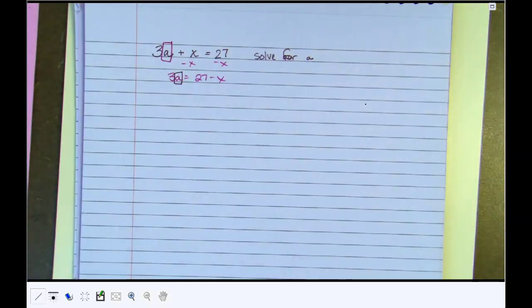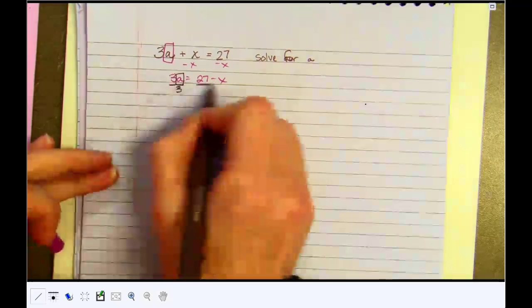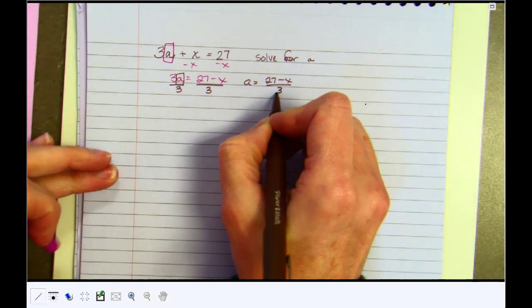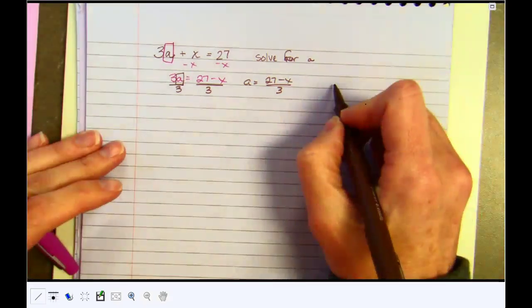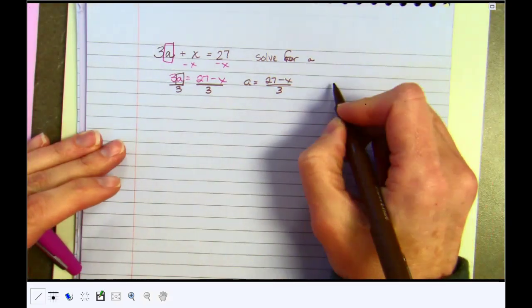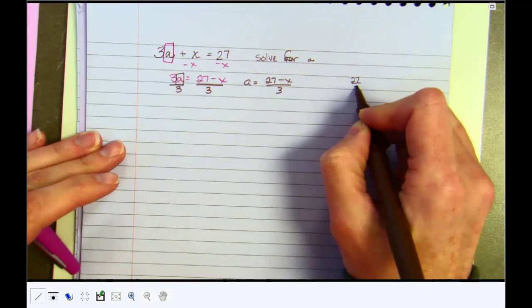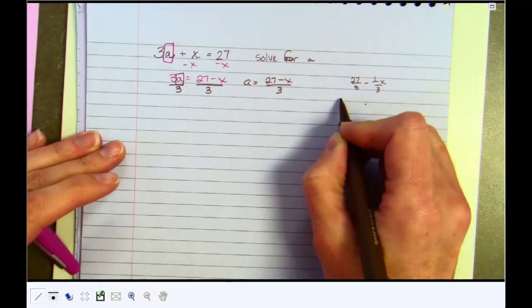If you are solving for A, what do you need to do to get A by itself? Divide by 3. Now, when we were doing this in chapter 1, it was totally fine for you to leave it, and I'm still okay if you leave it like that. When we were solving for slope and y-intercept, which we'll review again on Monday or Tuesday, we divided those. We did 27 divided by 3 minus 1x divided by 3. 27 divided by 3 is 9.